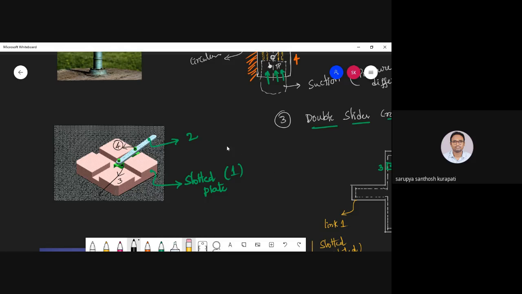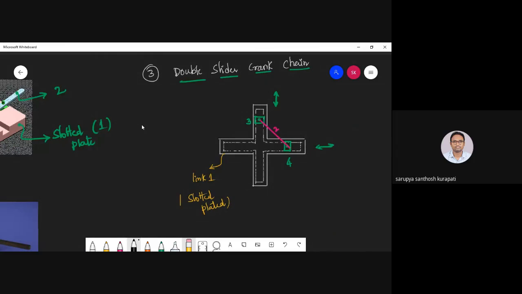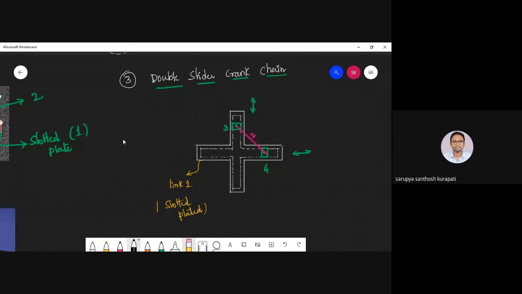So here, total 4 links are there: 2 sliding pairs or prismatic pairs and 2 turning pairs. Both are lower pairs only. So what happens?